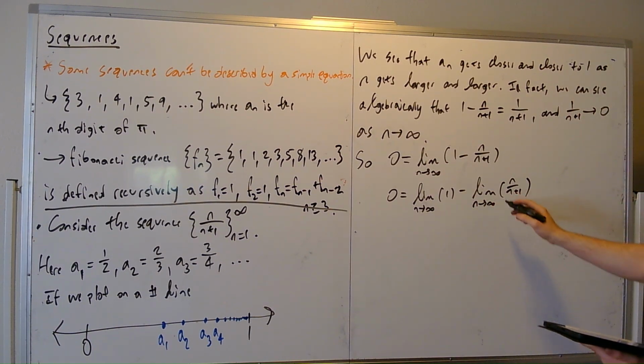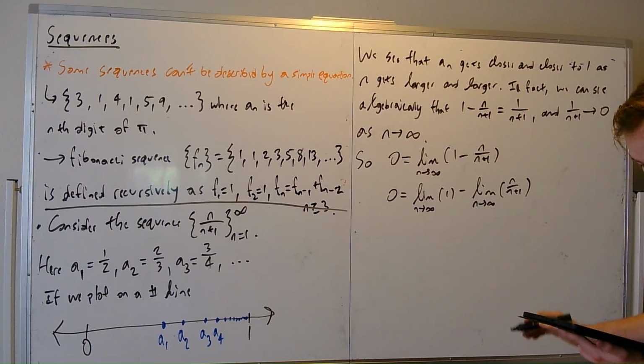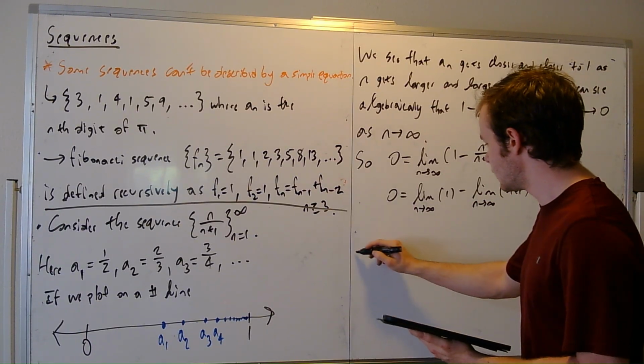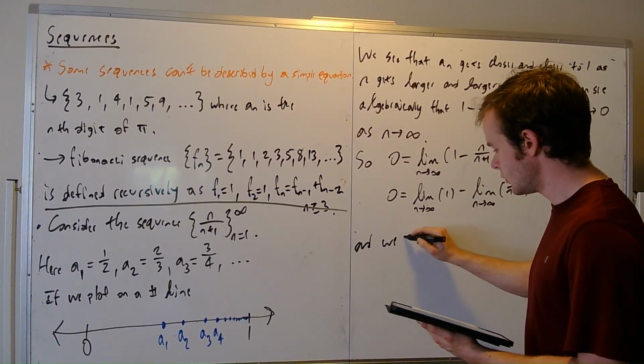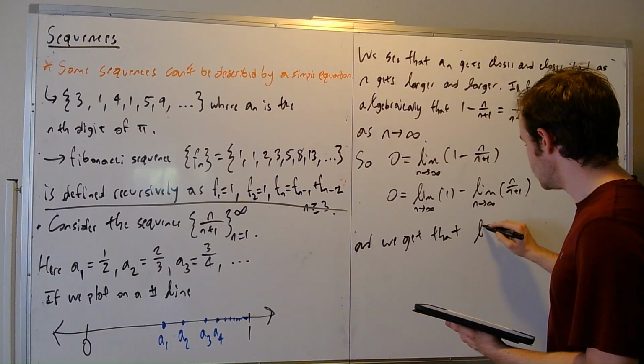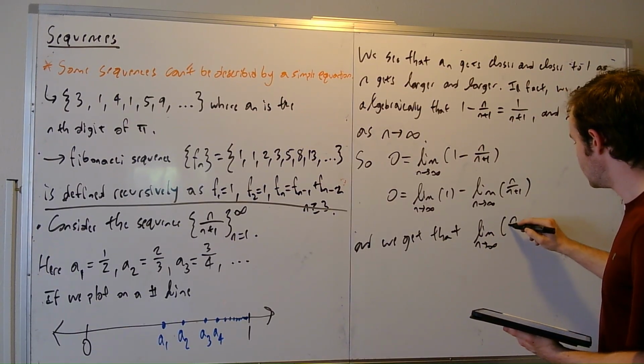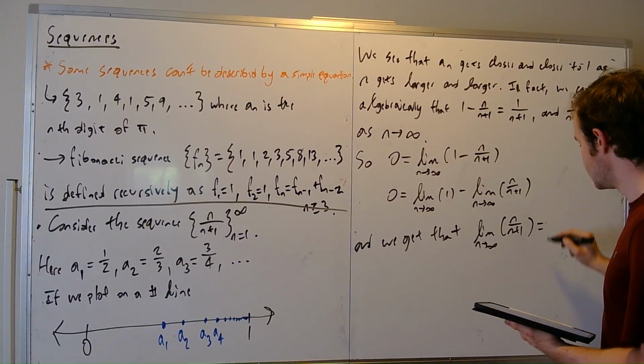Right, so that's 1, that limit. So what we can do there is just add this limit to both sides, and we get that the limit as n goes to infinity of n over n plus 1 equals 1.